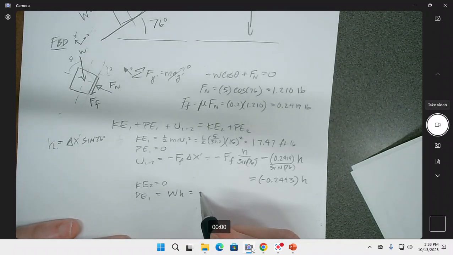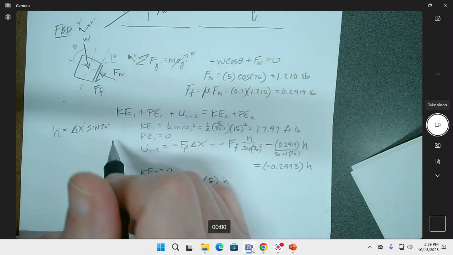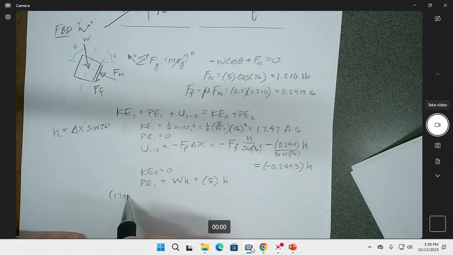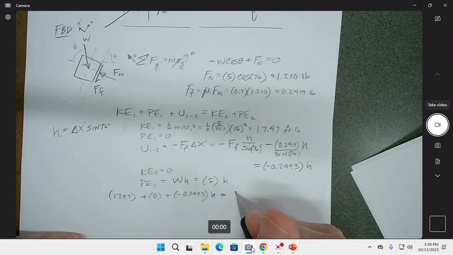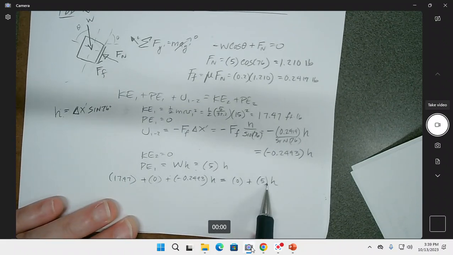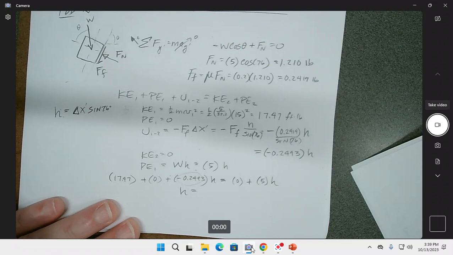So just 5 times H. So you plug them all into the equation up above, and you get 17.47 plus 0, just as a placeholder, plus negative 0.2493 H is going to be equal to 0 plus 5 H. So that 5 is going to add in here, so you bring that over here.